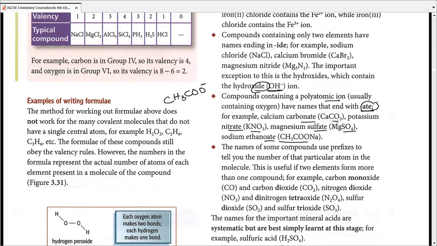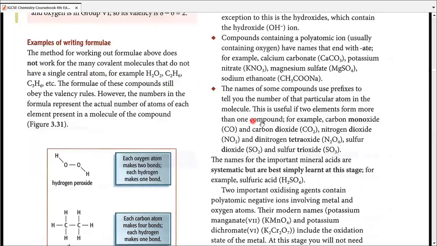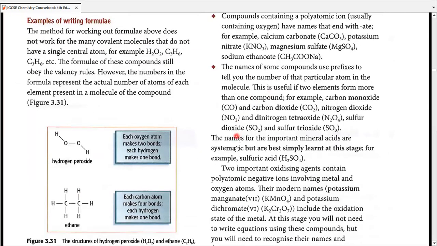So moving on, we're done with the naming of ionic compounds. We have only 1 point left, to name covalent compounds. Now in covalent compounds, we don't have any ions. There are no positive ions, there are no negative ions. So what do we do? We use number prefixes, telling how many atoms of a specific element there were.